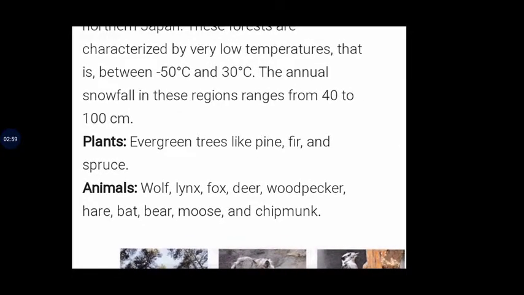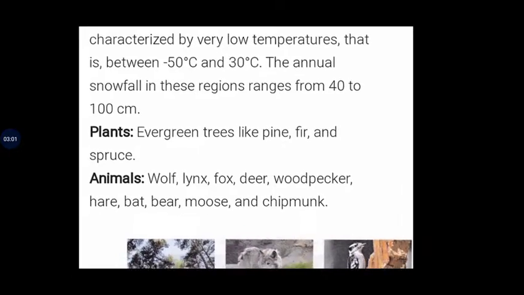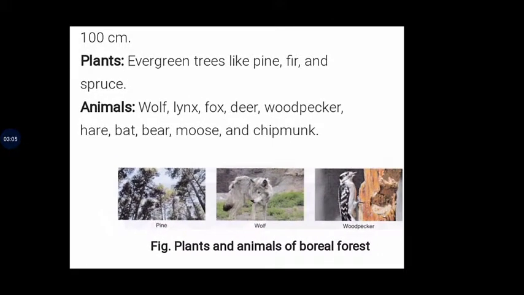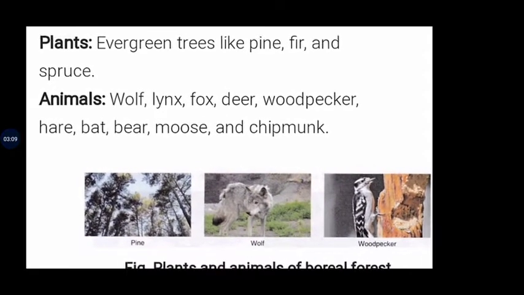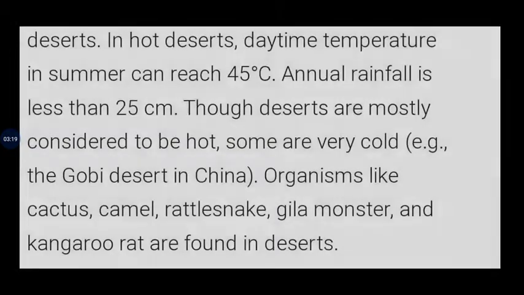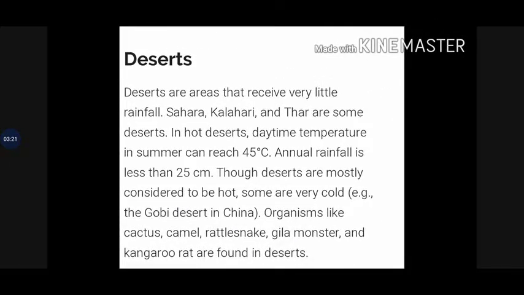The annual snowfall in these regions ranges from 40 to 100 centimeters. Plants seen here are evergreen trees like pine, fir and spruce. Animals seen are wolf, lynx, fox, deer, woodpecker, hare, bat, bear, moose and chipmunks. So we see a variety of fauna here.